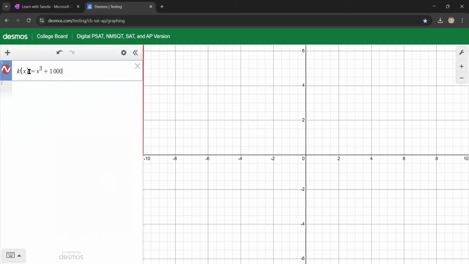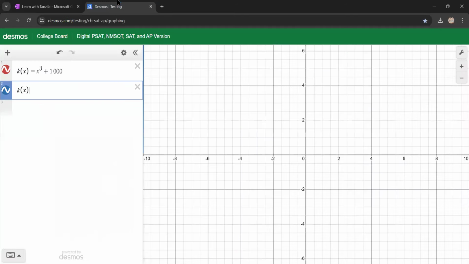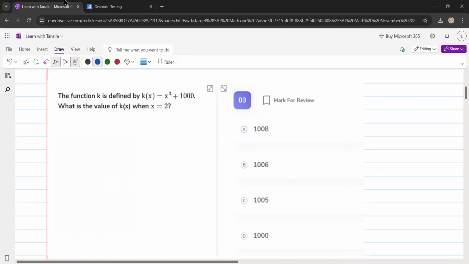Now copy this part and write it here. We have to find k when x is 2. So replace x with 2. We have the value 1008. So k of 2 is 1008. Answer. Option A is our answer.